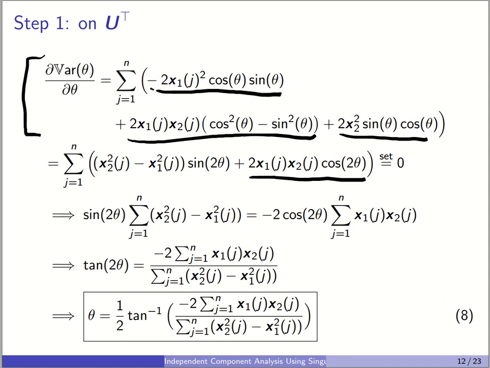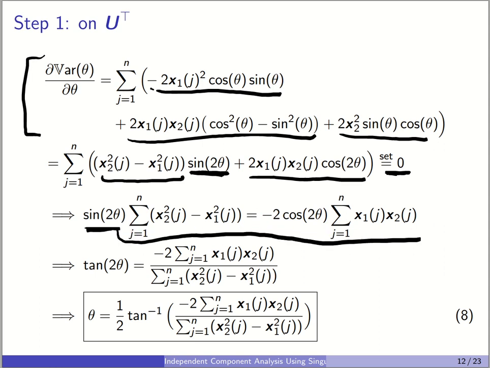We factor out sine cosine, and we know that 2 sine cosine equals sine of 2 times the angle. We'll have this. Then we set it to 0 because we are optimizing. We want to find the optimum. Then we have sine of 2 angle, this, so we just take one of them to the other side of the equation. We will have this equation.